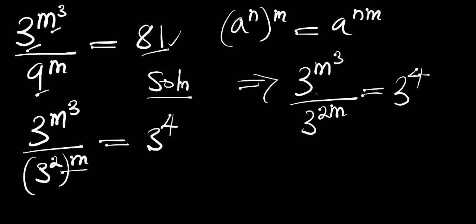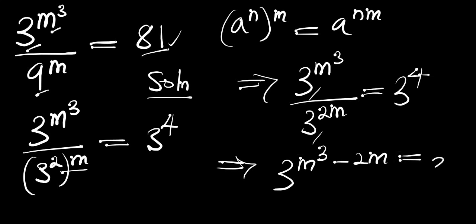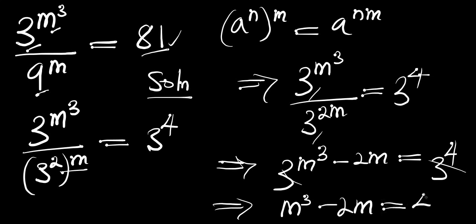Now the bases here are the same, so we can subtract the powers. That means we have 3 power m³ minus 2m, and this equals 3 power 4. Now the bases are the same, and we can compare the exponents. That means m³ minus 2m equals 4.